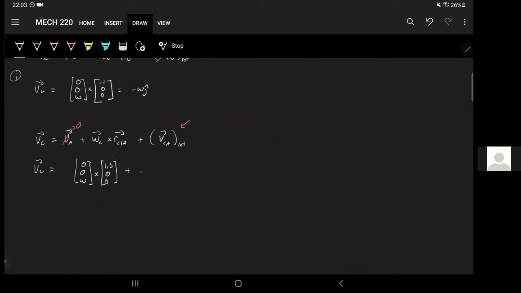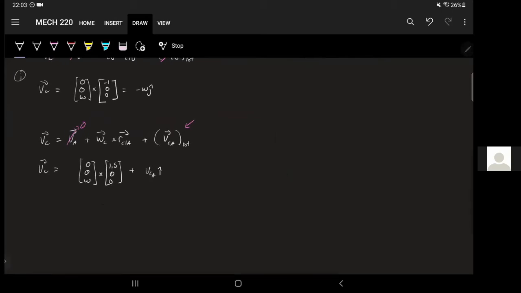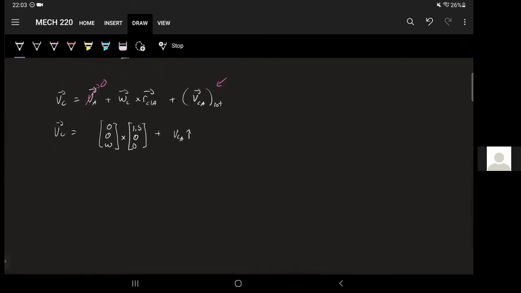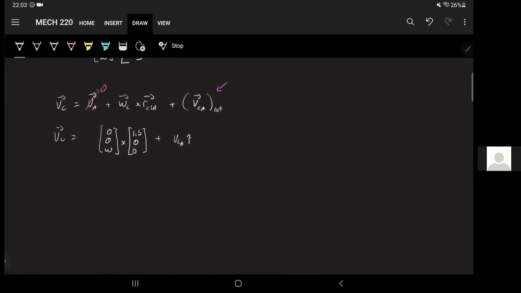And we know that VCA is going to be in the i direction, because it's a collar. Putting this together, VC is equal to 1.5 omega j plus VCA i.